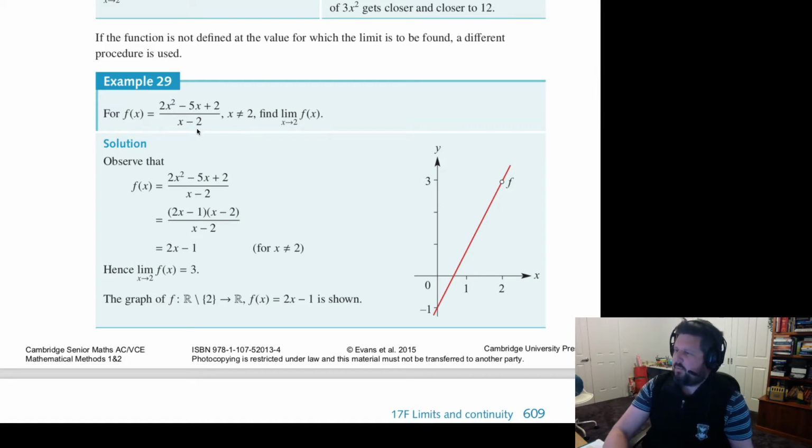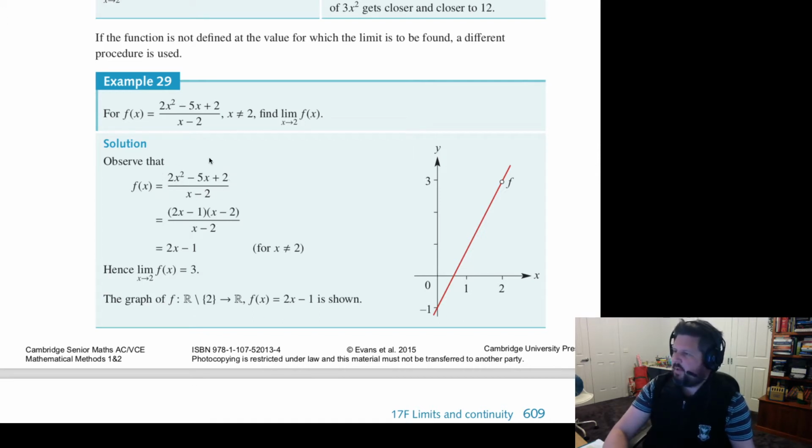If you were just to evaluate the limit of this function as it stands, if you substituted 2 in there on the bottom line, because you're dividing by 2 take away 2, which is 0, it's going to cause an error. So the way in which we handle this is we're going to factorize and cancel things out where possible.